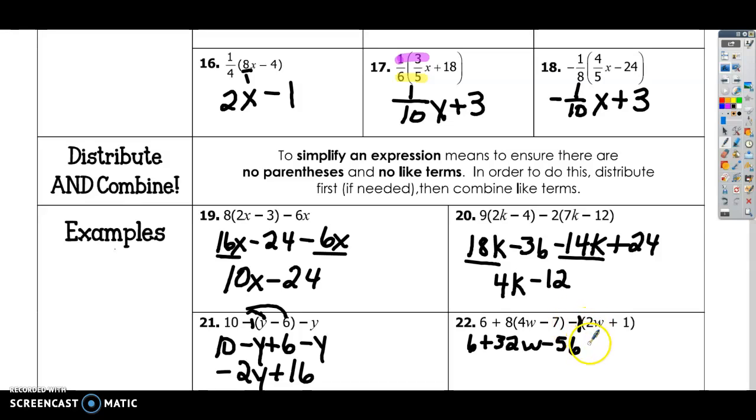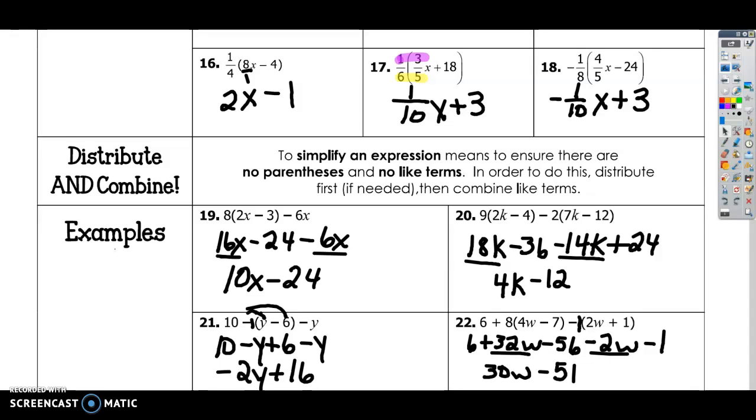So negative 1 times positive 2 is a negative 2w. And then a negative 1 times a positive 1 is negative 1. Combine like terms, 32 minus 2 is 30w. And then we've got 6 minus 56, that's minus 50. And then minus 1 and minus 50 is minus 51.